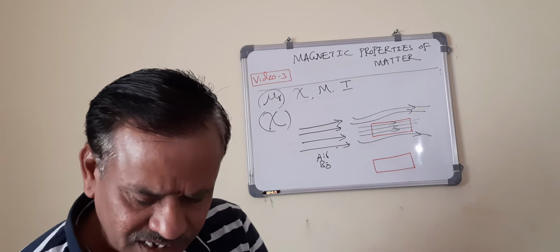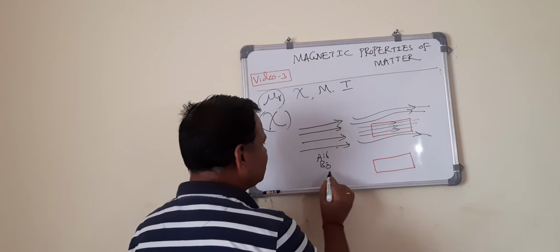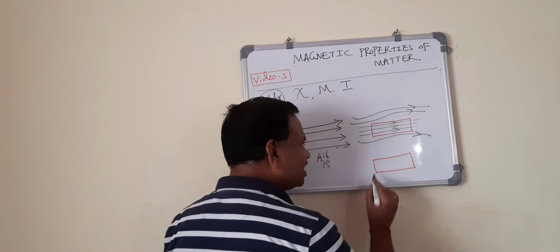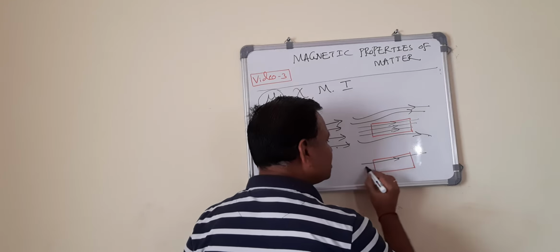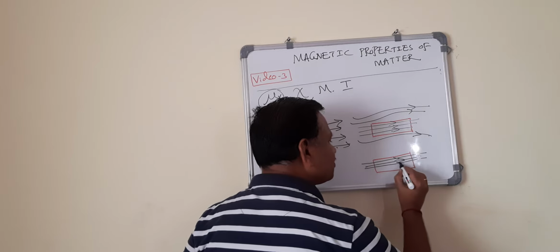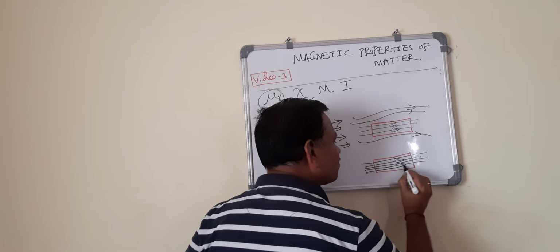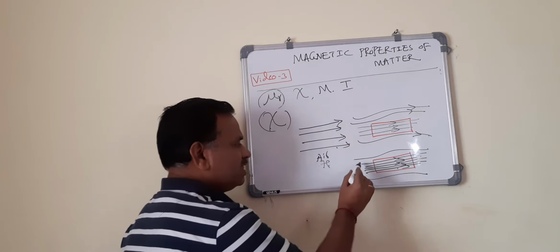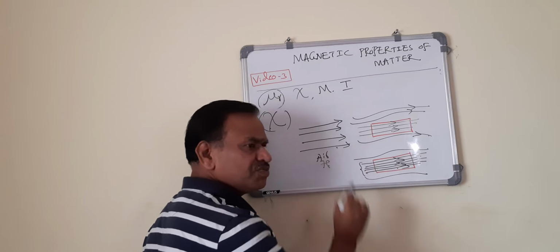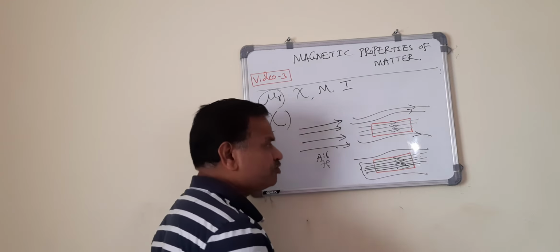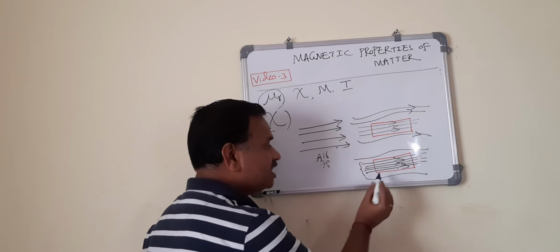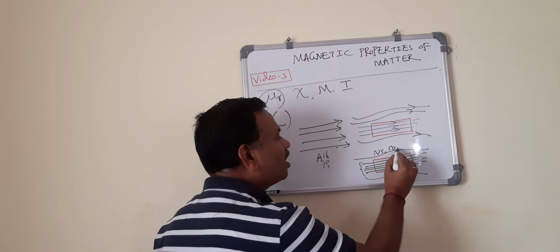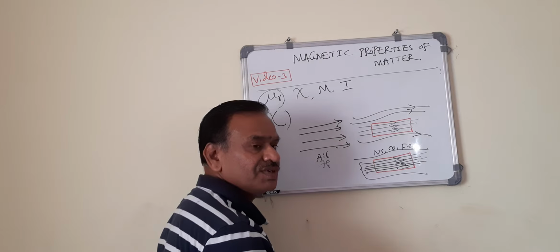The same external magnetic field H is applied here also. Here also the external magnetic field is H. In this case also the external magnetic field is H. Here you observe that the number of lines of force in this material is more, while the number of lines of force passing through this other material is less. For example, this material is nickel, cobalt, and iron.